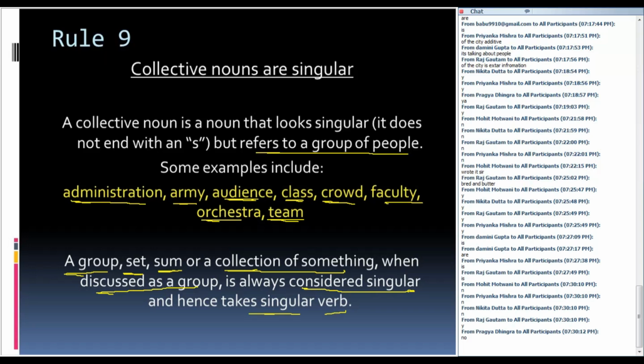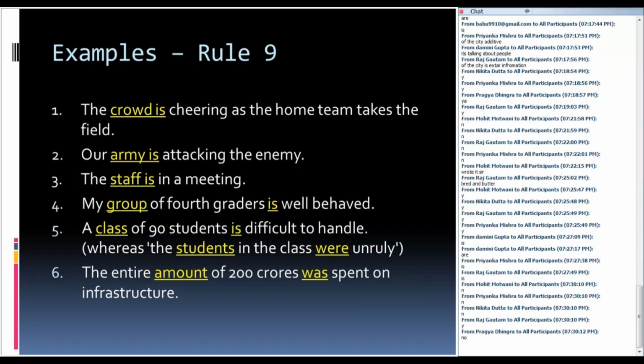We say the class is noisy. This is what happens generally. This is what we generally follow, that collective nouns are singular. The crowd is cheering. Our army is attacking the enemy. The staff is in a meeting.